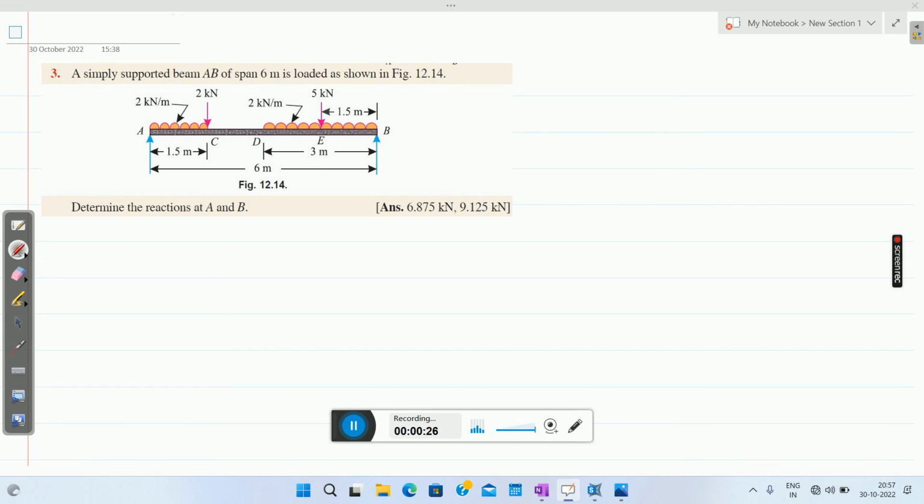So first let us have a free body diagram. This is reaction RA, this will be reaction RB. I will transfer the point load as it is. One is 2 kilonewton at a distance of 1.5 meter.